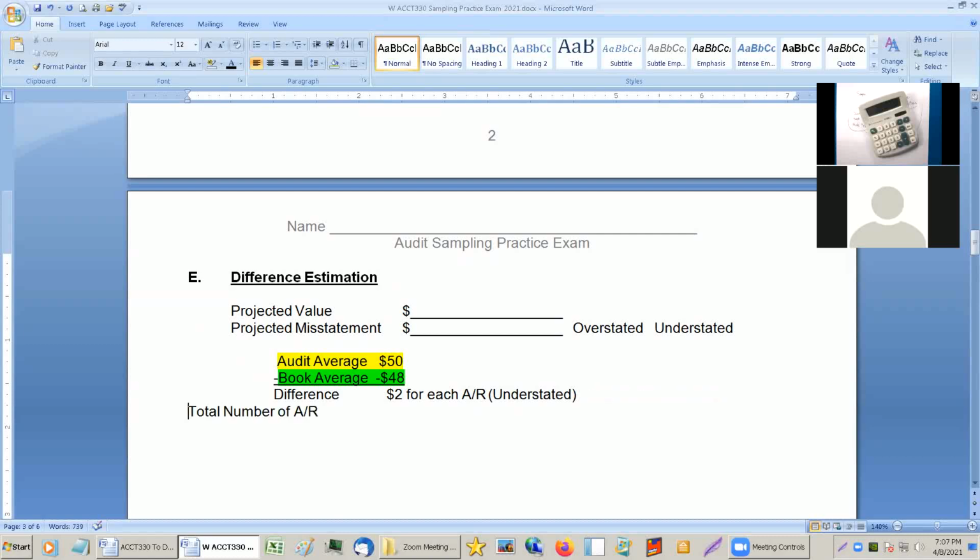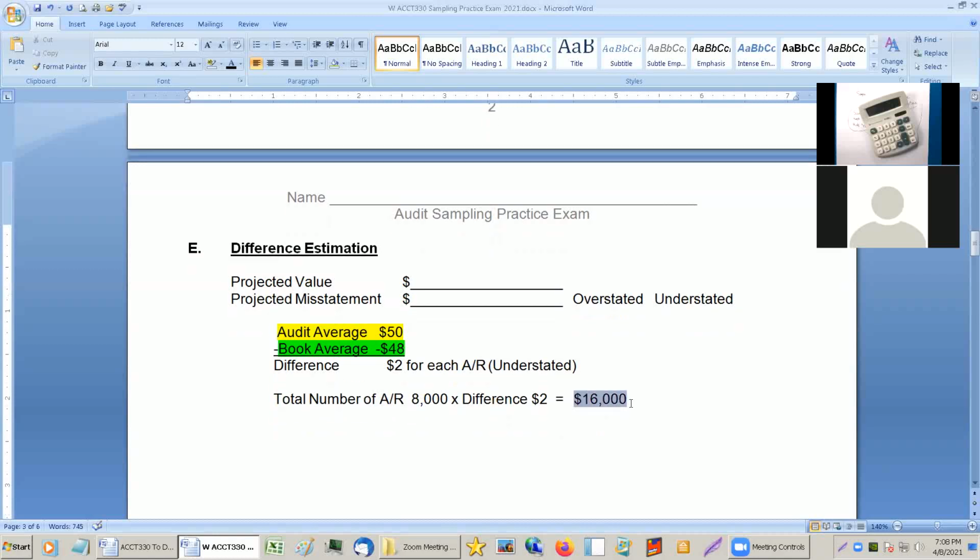Let's do it this way. Uh, 16,000. All right, so this is actually the understatement.